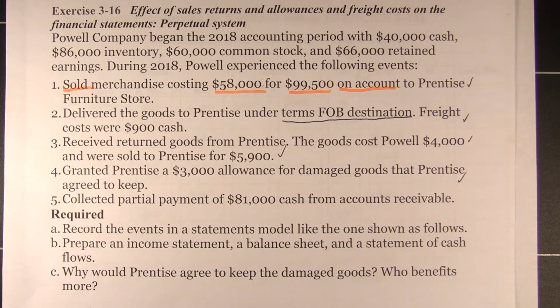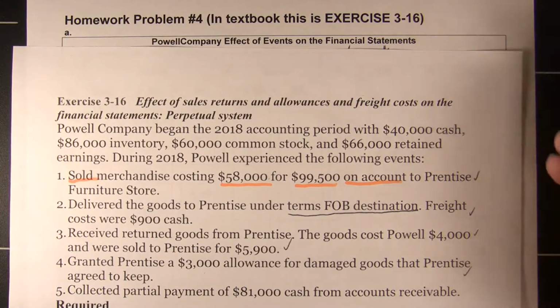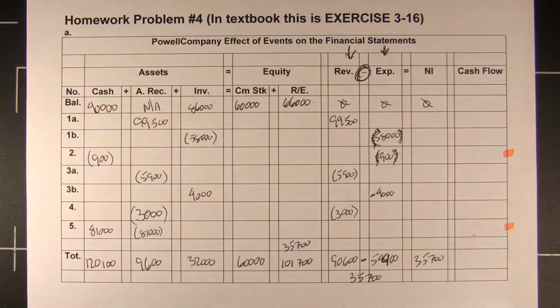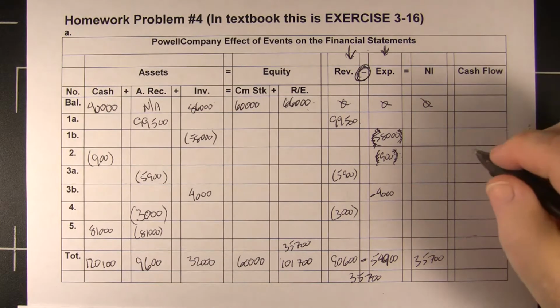Chapter 3, Problem 4, concluded. We left off having done the chart with all the transactions on it, and I drew your attention to the fact that we know there's going to be a statement of cash flows.